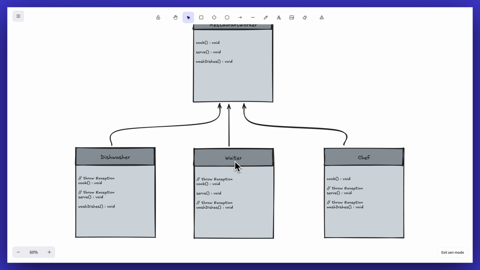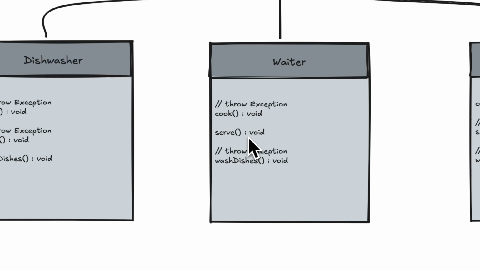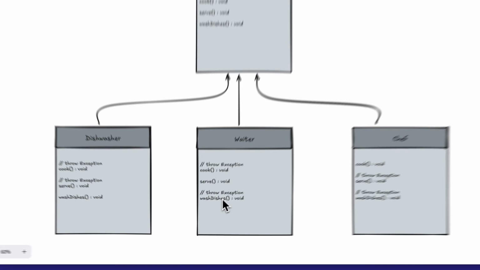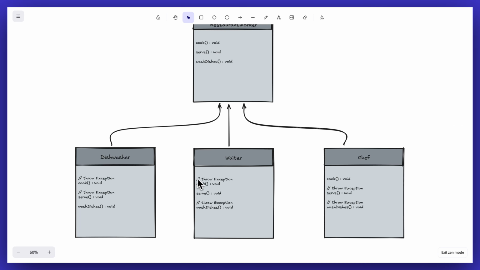Similarly, waiter is responsible for serving. It is not responsible for cooking and washing the dishes. So in both of these functions, again, it will throw an exception. The point to note over here is these classes are forced to implement the functions that they don't want.